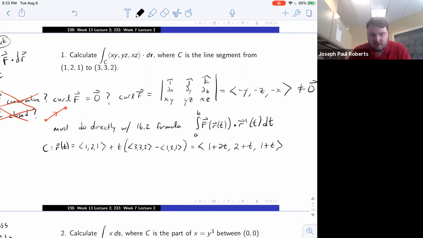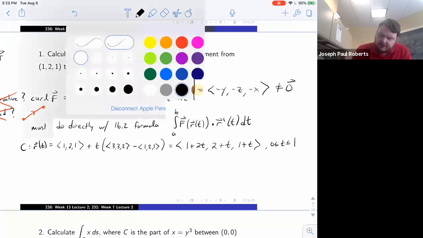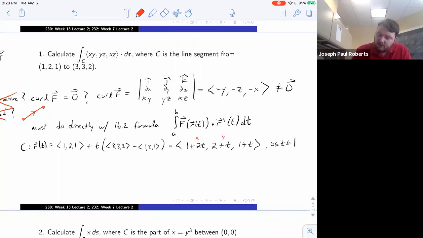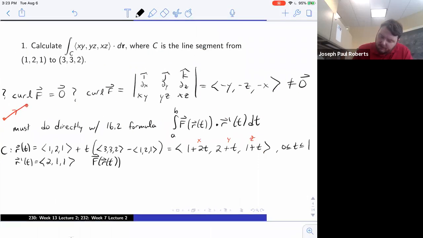And again, for line segments, 0 to 1 for t is what you do. If you're ever a little unsure, you can plug in t equals 0, t equals 1, just to check and make sure. But that's how we do that. And so this then is x, y, z. R prime of t is, well, it looks like it's 2, 1, 1, right? Yep. F of R of t is, well, F is x, y.